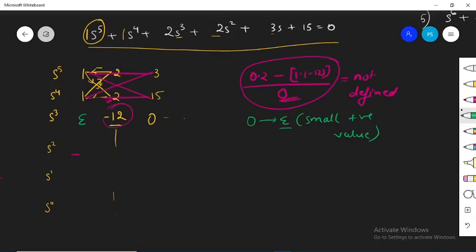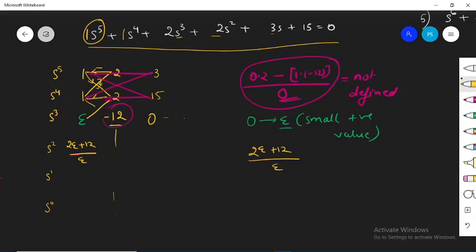So now what will happen? Again you have to form this, so it will become epsilon into 2 minus 1 into minus 12, so it will become plus 12 divided by epsilon. So the value over here will become 2 epsilon plus 12 divided by epsilon.